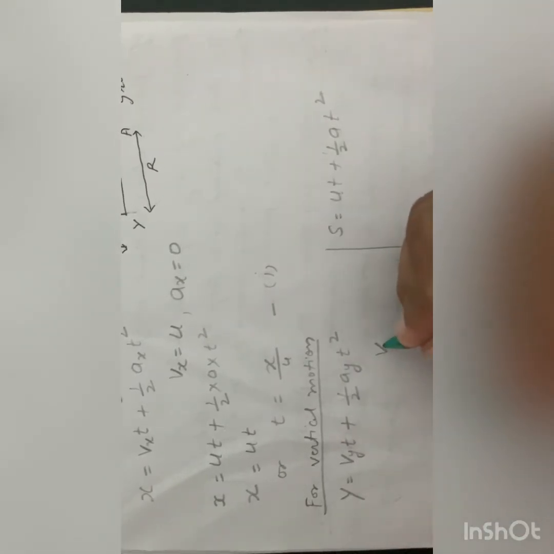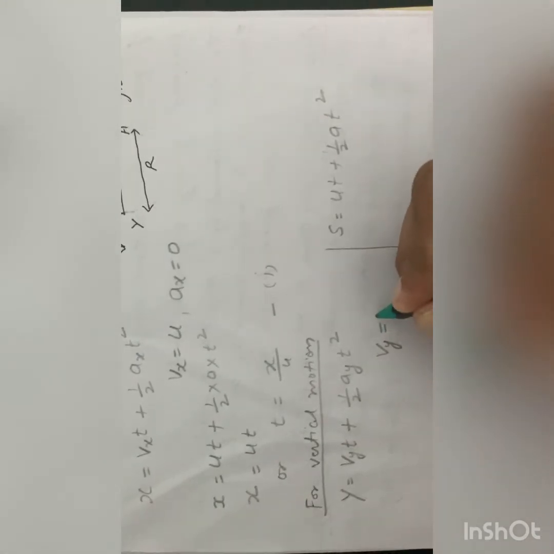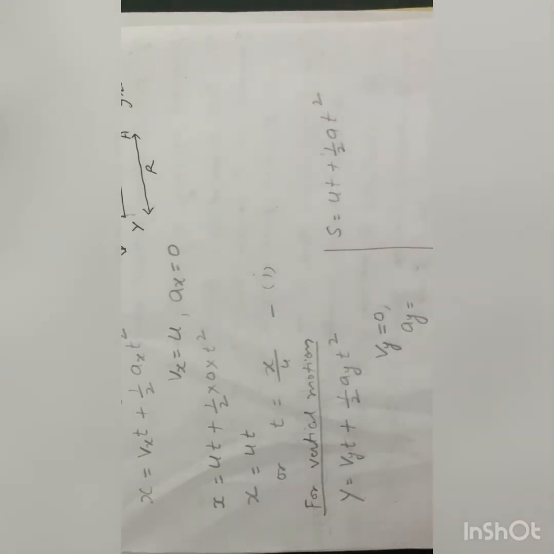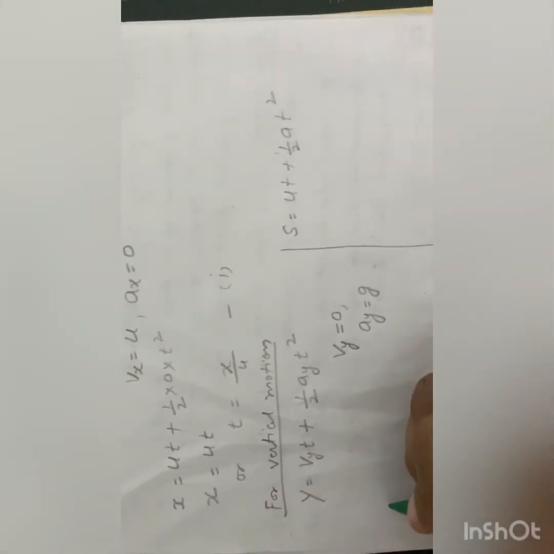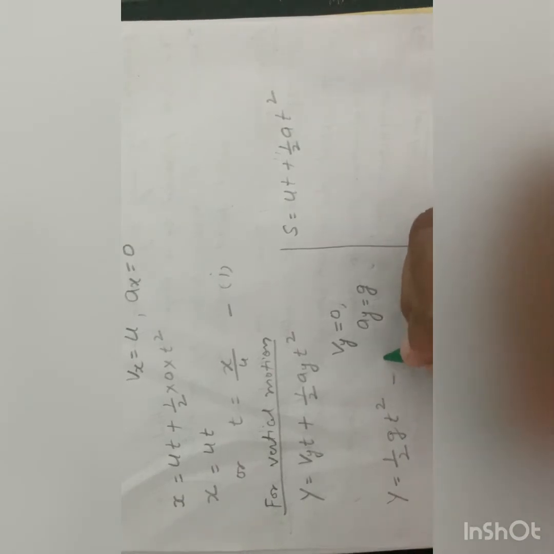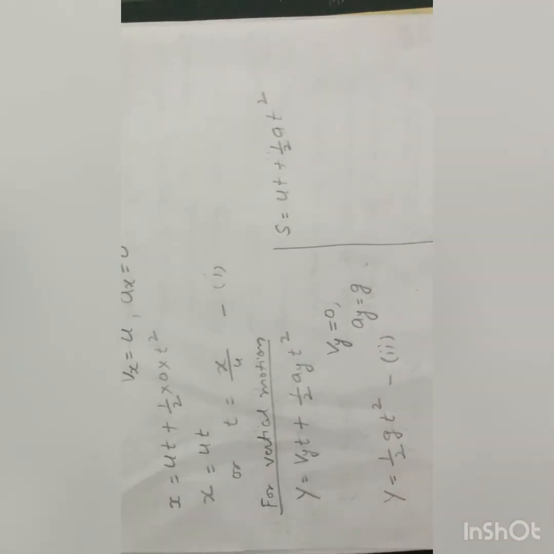Here Vy is the initial velocity along y direction, that is equal to 0, and ay is the acceleration due to gravity, that is equal to g. So we get y equal to 1 by 2 g t square. This is the second equation.